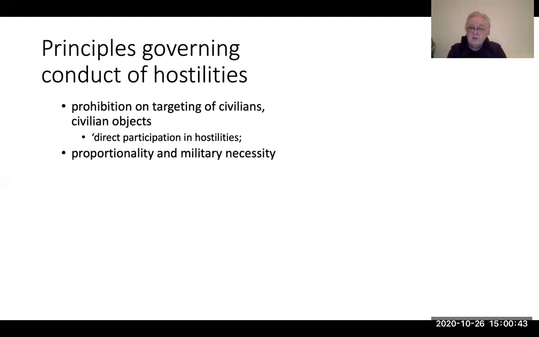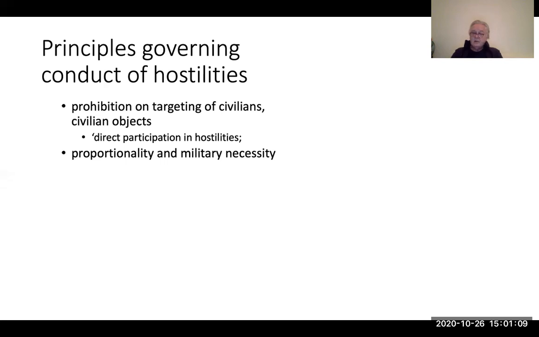The bombing of a city may be justified under certain circumstances because it's a military objective that you're targeting. But the likelihood is that there will be very significant damage. The term that is often used is collateral damage to civilians or to civilian objects. And so that has to obey stricter rules of proportionality.